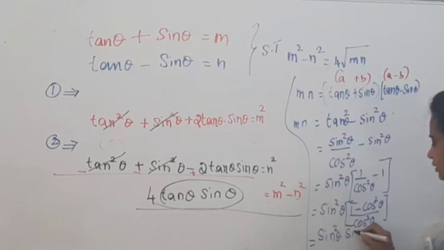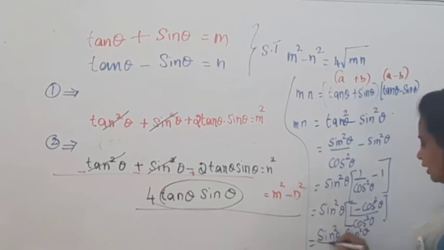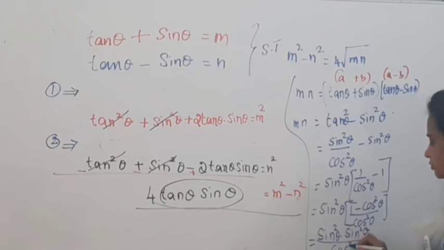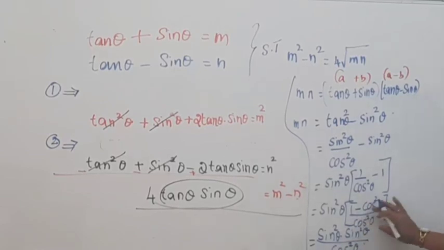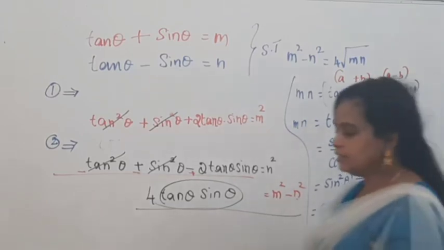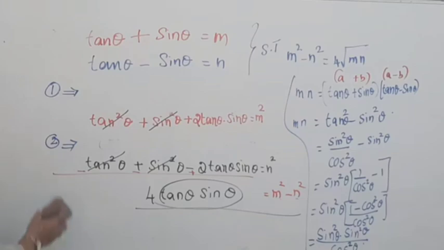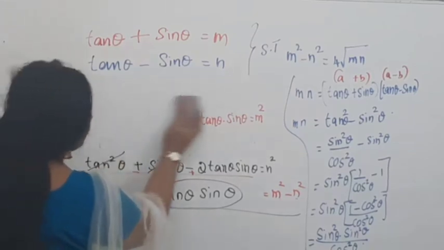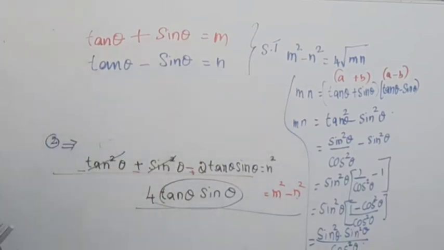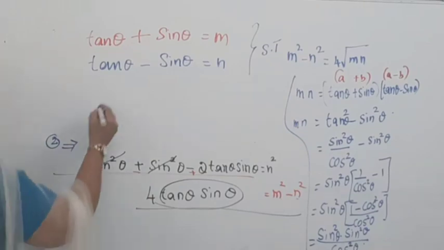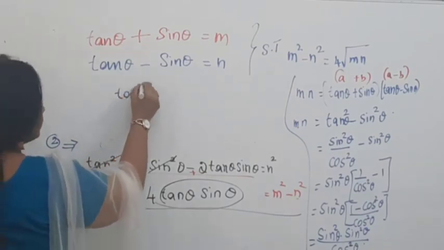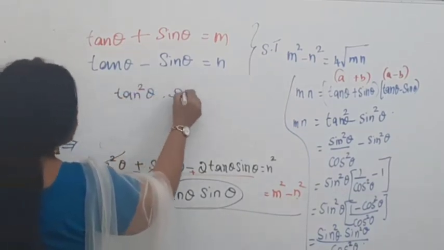So sin square theta into sin square theta divided by cos square theta. Now sin square theta by cos square theta is equal to tan square theta. That is tan square theta into sin square theta.